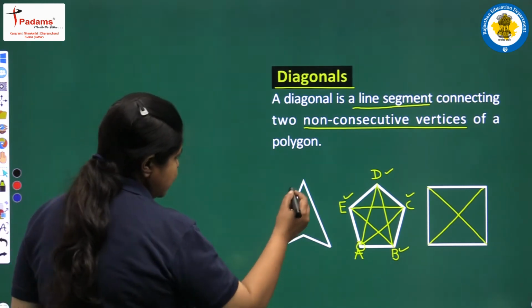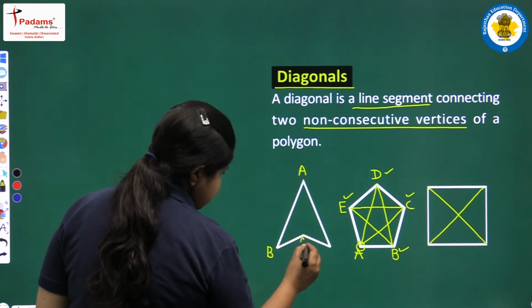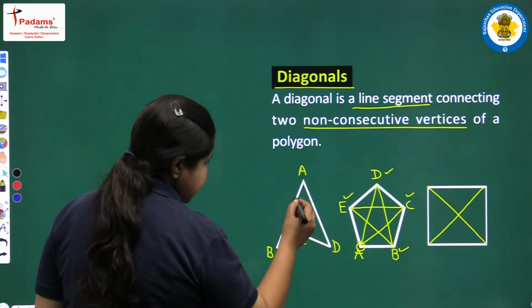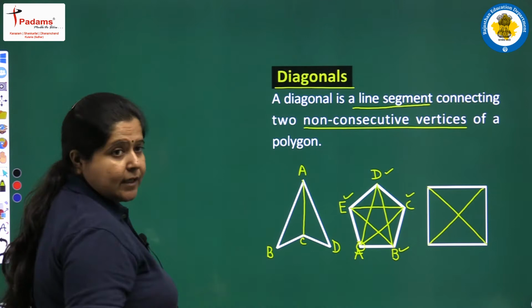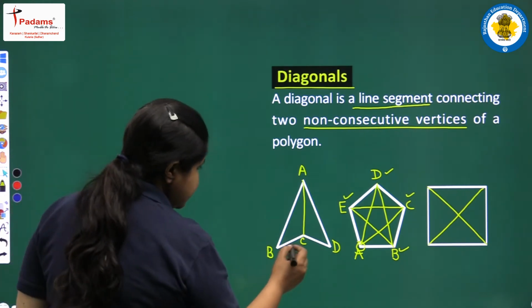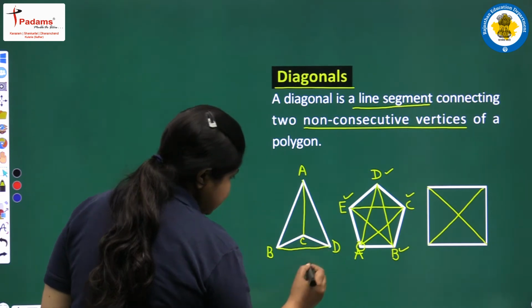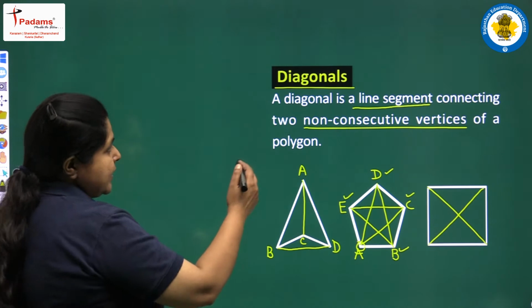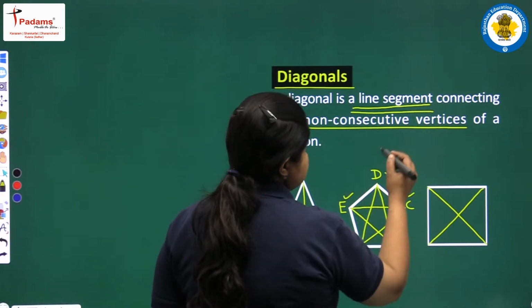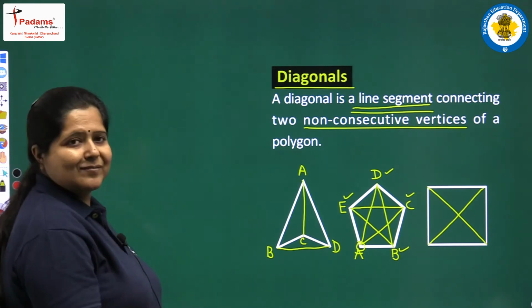Here also let us take these to be A, B, C and D. Then A and C are the opposite vertices, join them. This is the first diagonal. Also B and D are the opposite vertices, join them. This is the second diagonal of this figure. So, a diagonal is a line segment joining two opposite vertices of a polygon.